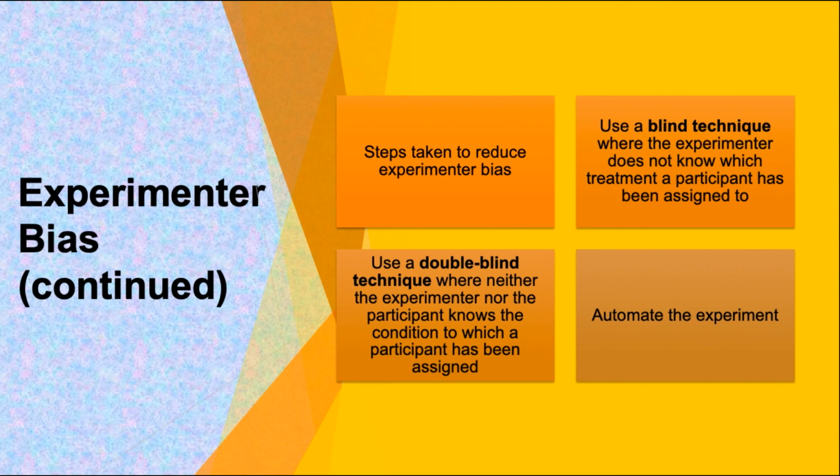Another method of reducing experimental bias is to automate the experiment as much as possible. In a memory experiment, you could present your stimulus items and time their presentation accurately using a personal computer.